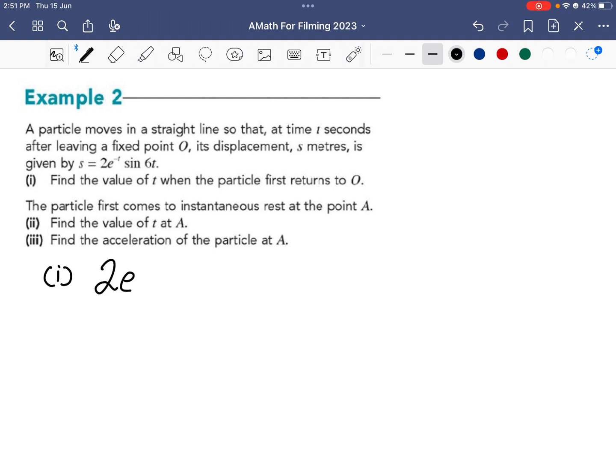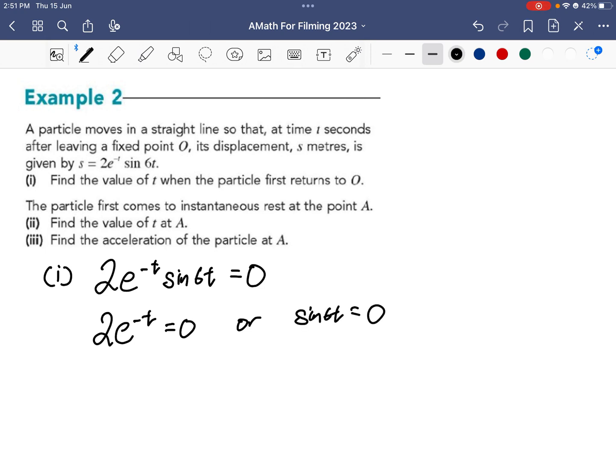So to solve part 1, I let my displacement s equal to 0. Then I have 2e to the power negative t equals 0, or sine 6t equals 0. For this, e to the negative t is always positive. Go and revise how the graph looks.